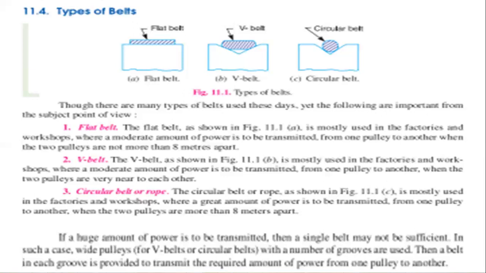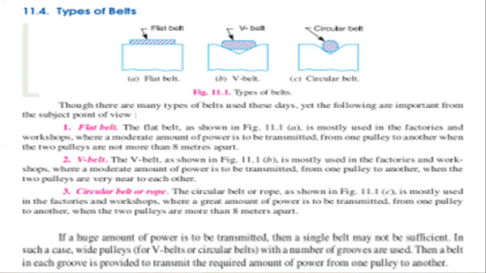Next one is the circular belt drive or rope drive. The circular belt or rope drive is mostly used in factories and workshops where a great amount of power is to be transmitted.